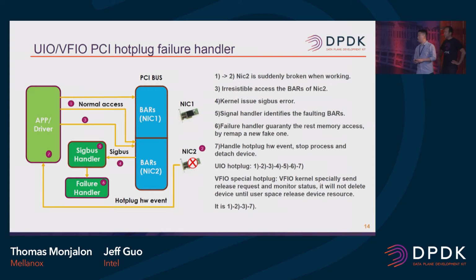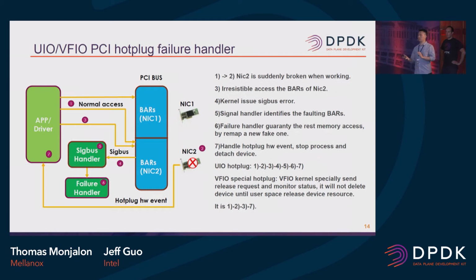So the SIGBUS handler will be invoked. This handler will check if this is a generic SIGBUS error or a BARs SIGBUS error, by iterating over all the buses to find whether the faulting address is located in each device's resource range.